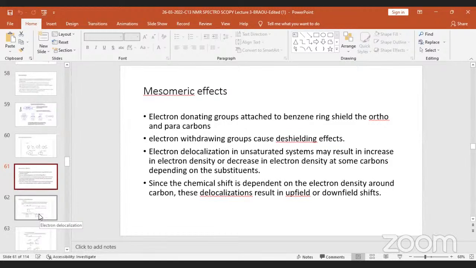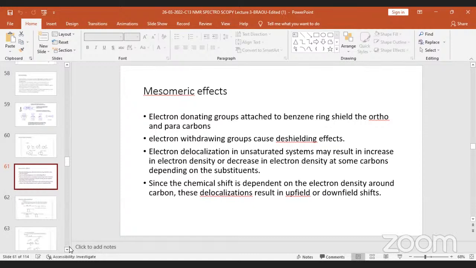If the group is electron withdrawing, it will withdraw electron density from the aromatic ring and decrease the electron density at ortho and para positions, resulting in a downfield shift. For example, nitrobenzene, where the nitro group is electron withdrawing; acetophenone, where COCH3 is electron withdrawing; and ester and nitrile groups. All these groups decrease the electron density at ortho and para carbons.